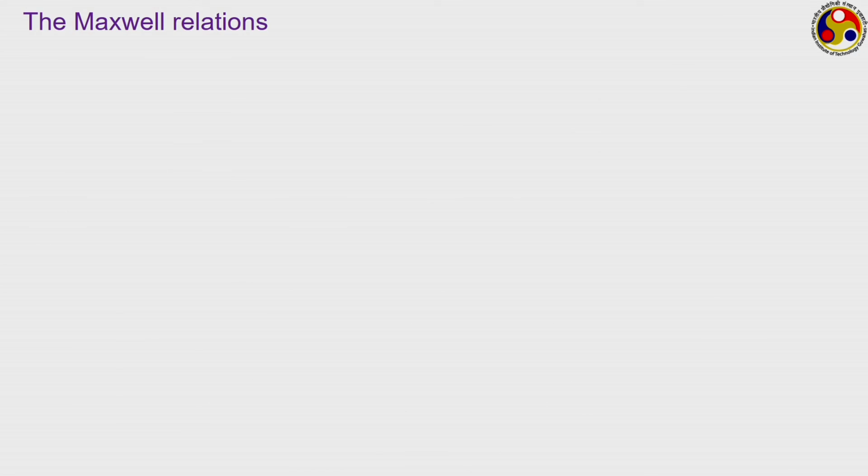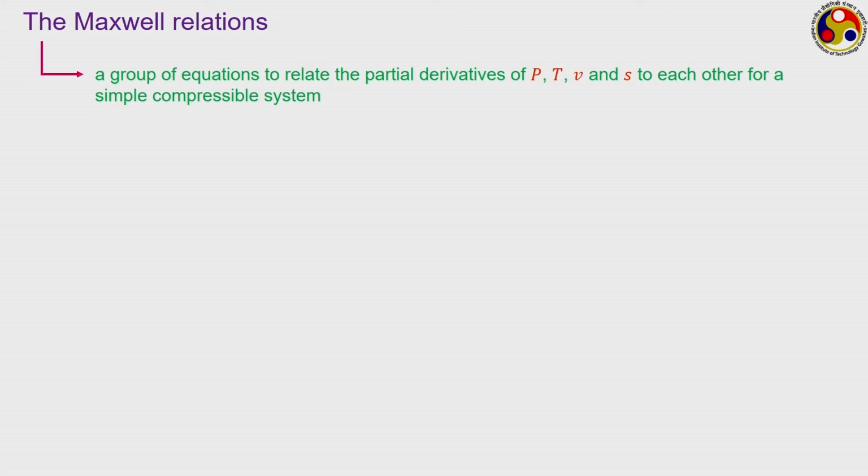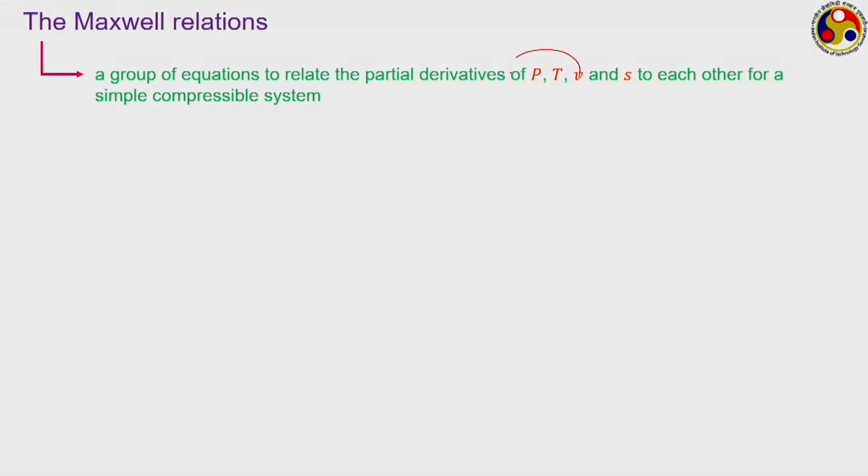Now, the one that we are looking to develop is Maxwell's relations. Maxwell's relations are a group of equations that relate the partial derivatives of pressure, temperature, specific volume and entropy to each other for a simple compressible system. Look at the four properties we are talking about: pressure, temperature, specific volume and entropy. Out of these, the first three, pressure, temperature and specific volume, as I mentioned earlier, can be measured very easily.